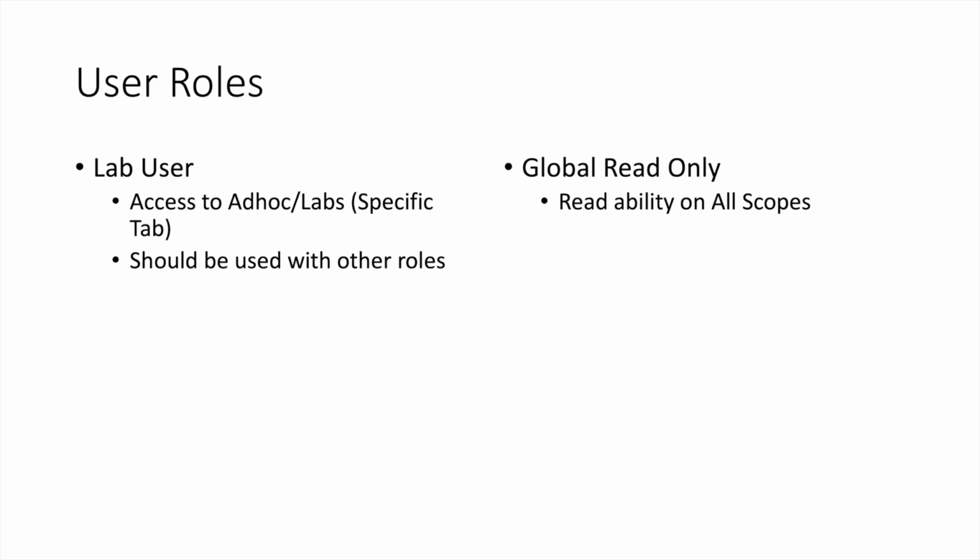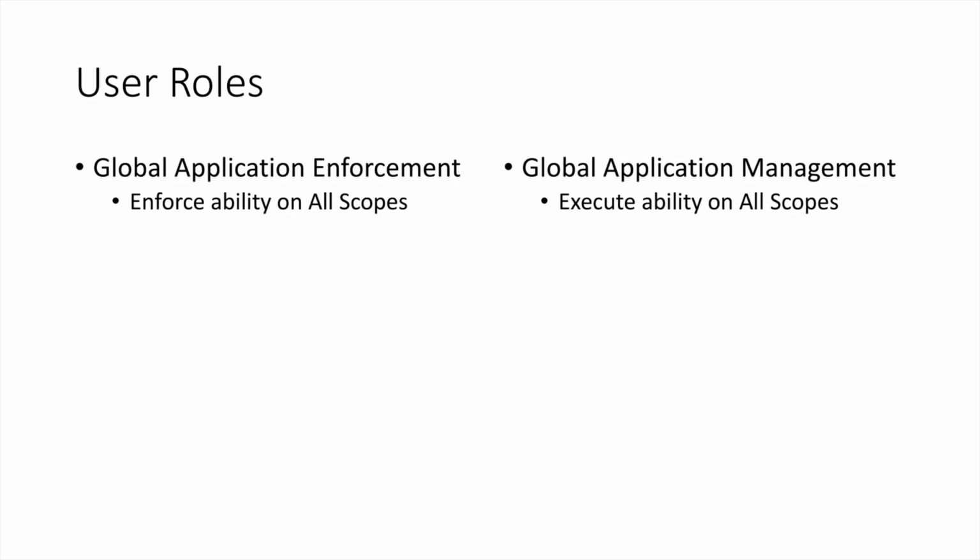There's also the global read-only, fairly simple. They have the ability to read all scopes that are defined. And finally, we have the global application enforcement and global application management roles. The enforcement role can enforce everything on the scopes, whereas the management role can only execute all the abilities on these scopes.